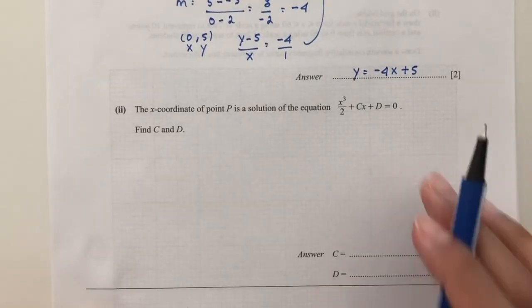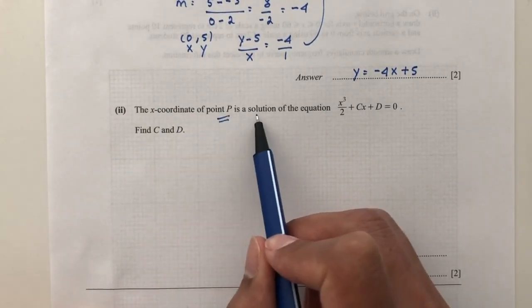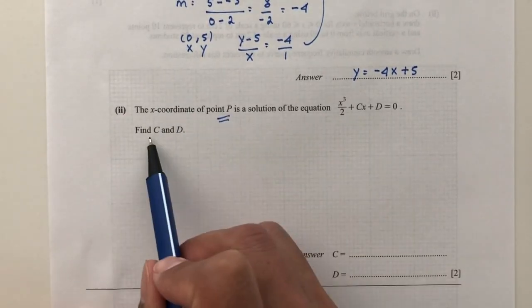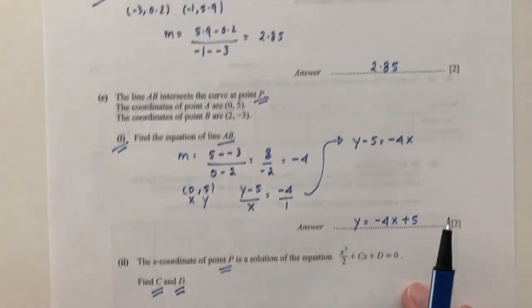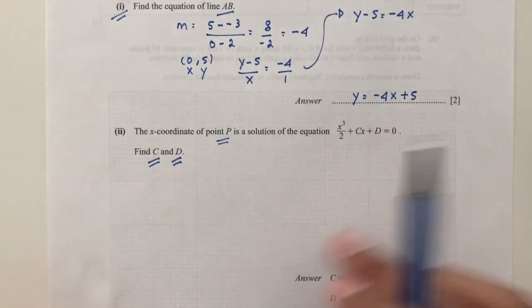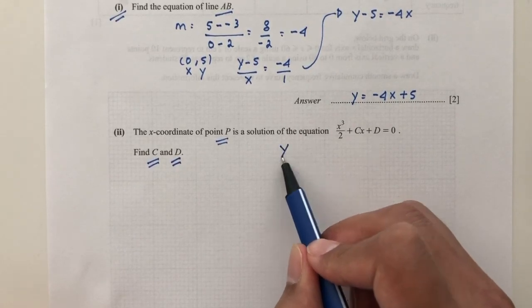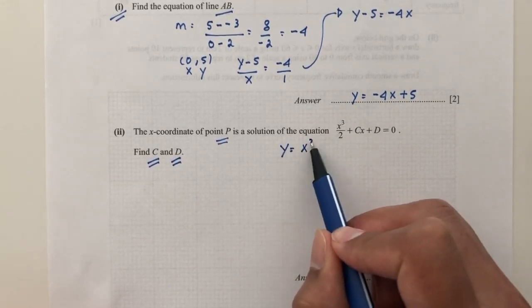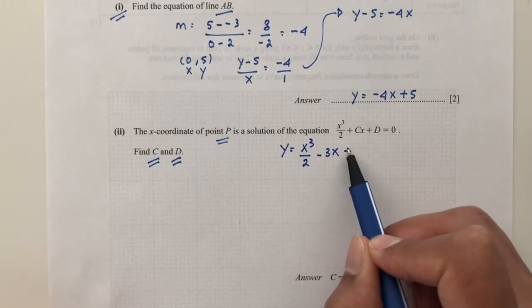Now for part 2, the x-coordinate of the point P is a solution of this equation. Find C and D. So basically the point P is the point of intersection. So we have to solve a simultaneous equation, right? So the curve is equal to y equals x cubed over 2 minus 3x plus 1.